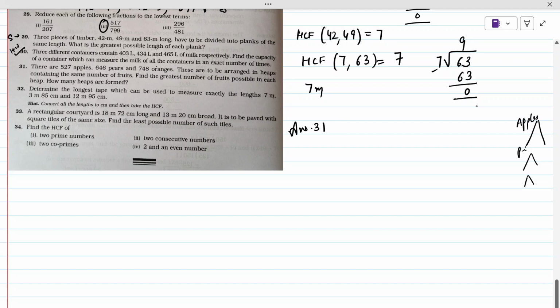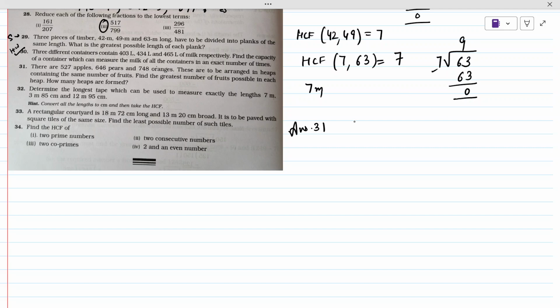These heaps should contain an equal number of fruits. That is, the quantity of apples in the apple heap should be the same as the quantity of pears in the pear heap and the oranges heap. So what we have to find is their greatest common factor, because what we need is the greatest number of fruits possible. This is one part of the question. So let us pick this part first and try to solve it.